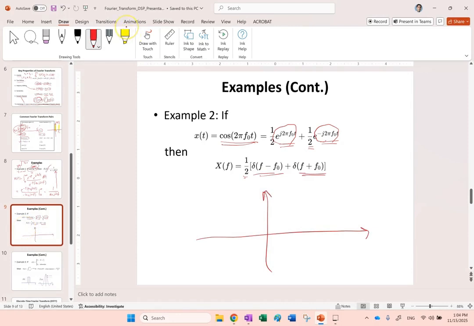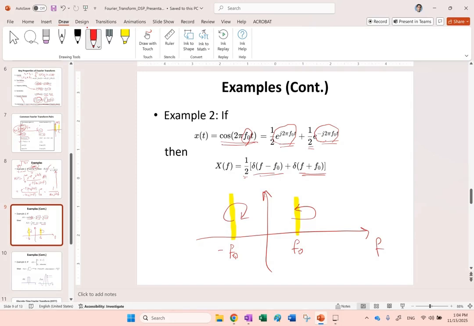You get one spike here at positive f naught, and you get a symmetric version of that on the other side at negative f naught. And of course, the frequency of a cosine function, cosine of 2 pi f naught t, is f naught. But you see there are two versions of that, positive and negative. This means the rotation is counterclockwise. This means the rotation is what? Clockwise. And that's the same thing.